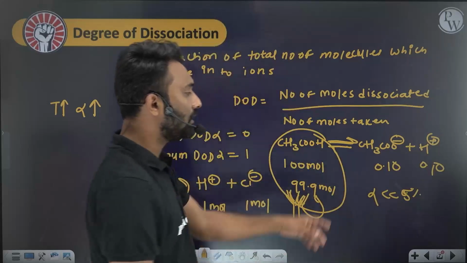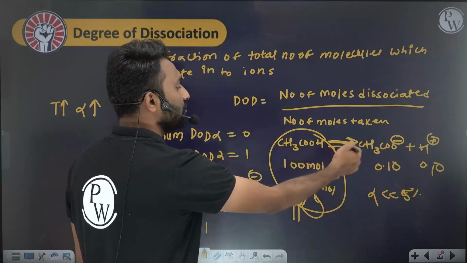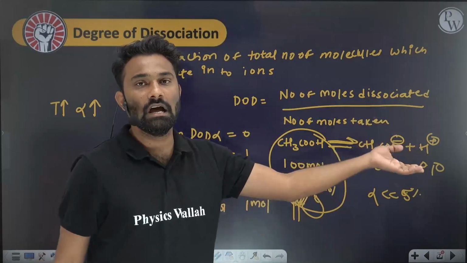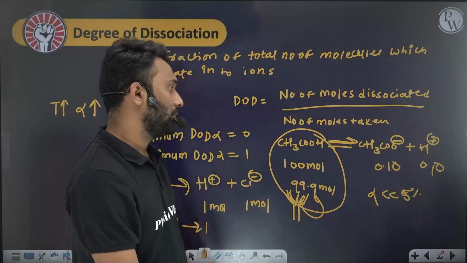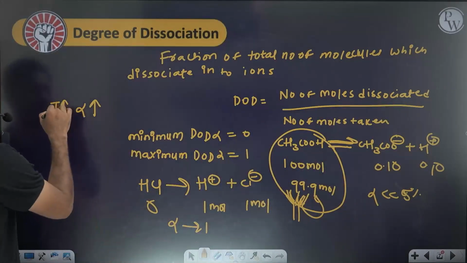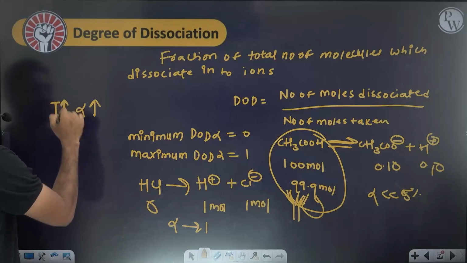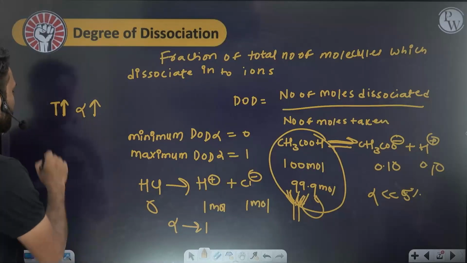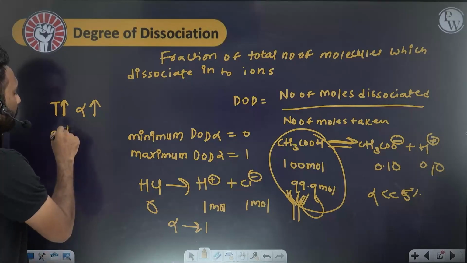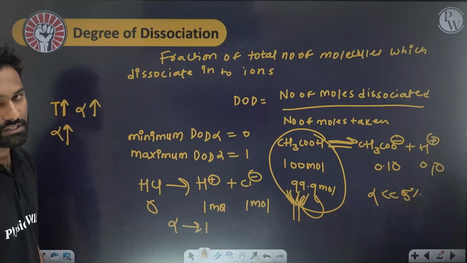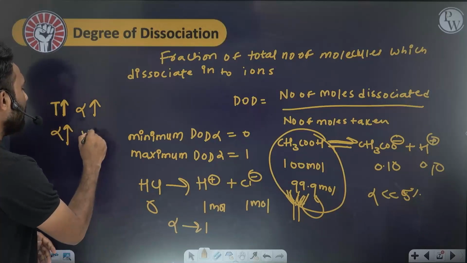Now the degree of dissociation alpha is increasing. So if the temperature increases, alpha increases. Next, if the degree of dissociation increases, the volume also increases.